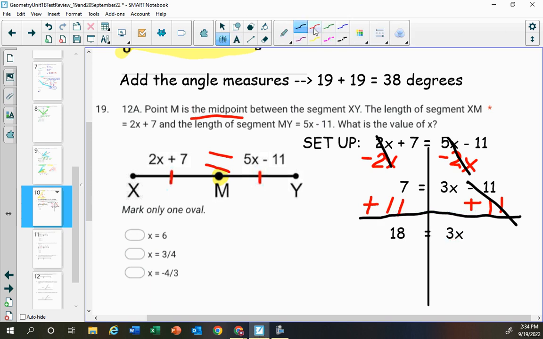And then divide by 3. So we have 6 is x, or x is 6.